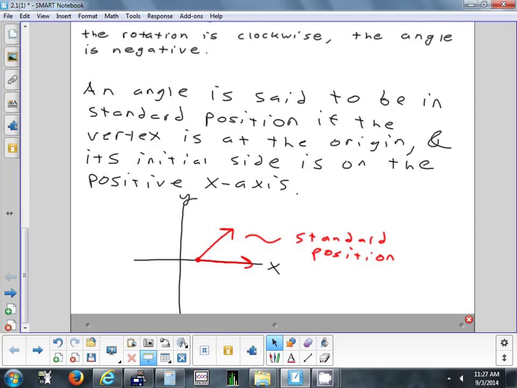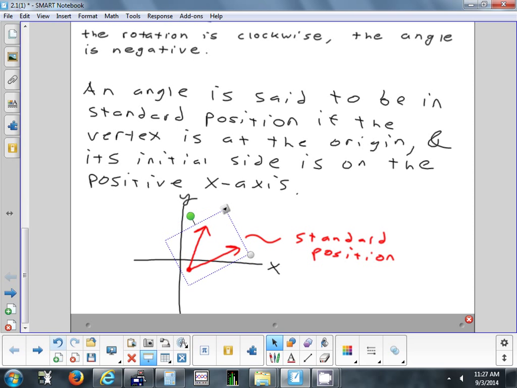Okay. Say I do something like that. Is that angle still in standard position? No. What's wrong with that? The vertex. The vertex isn't at the origin. The initial side is still fine. The vertex isn't at the origin.